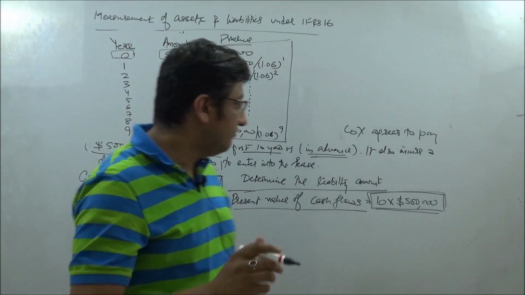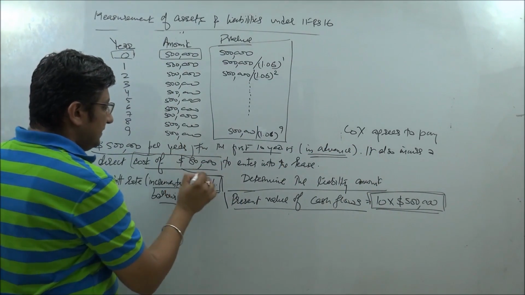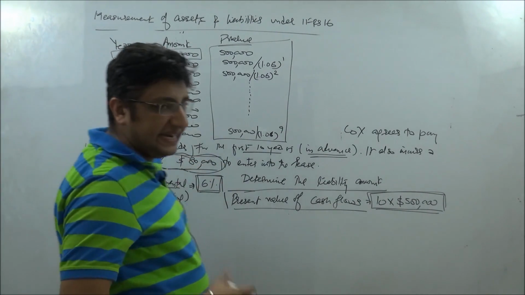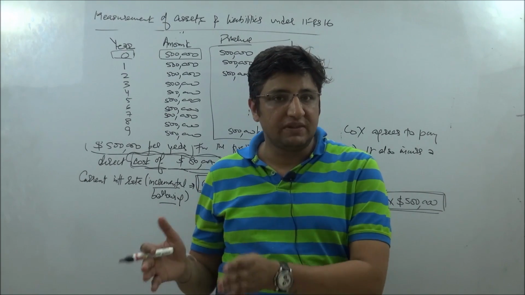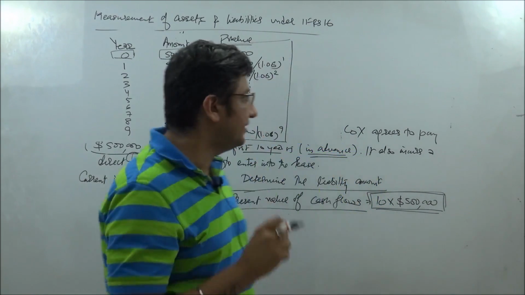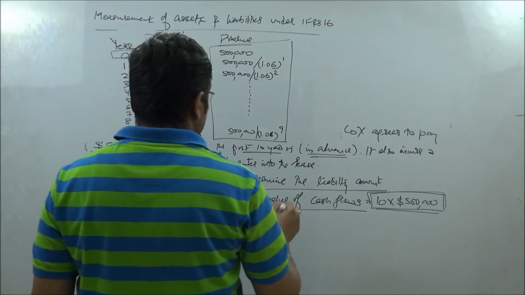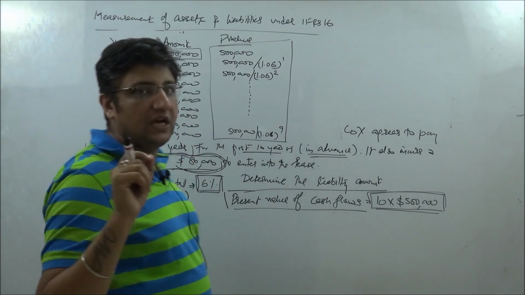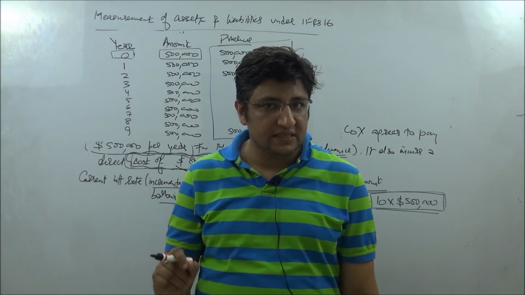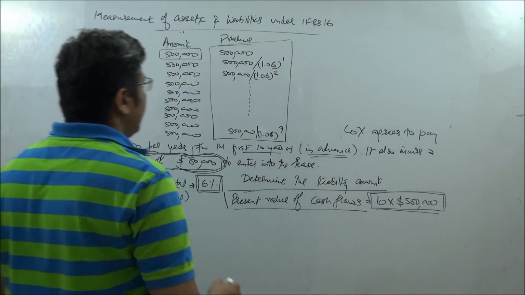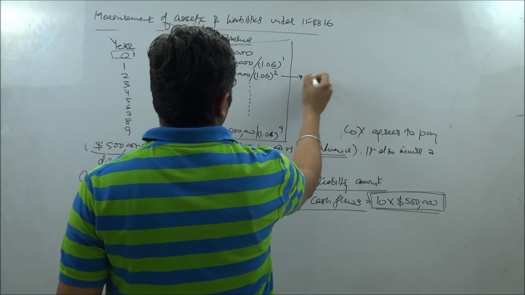But then we know as well the direct costs to get into the lease, the cost without which the lease could not have been entered into. So what you're saying is this 80,000 is further added to the cost of the asset and not to the liability, right?